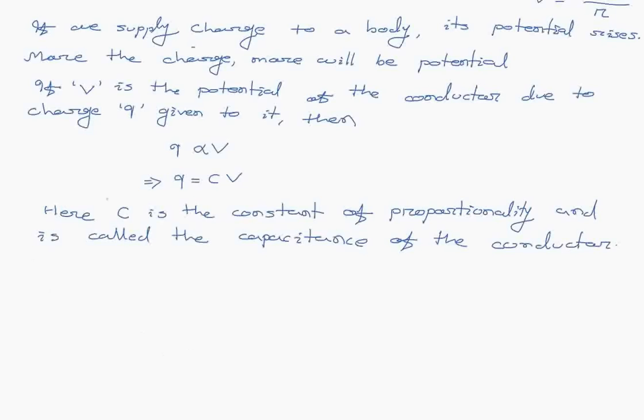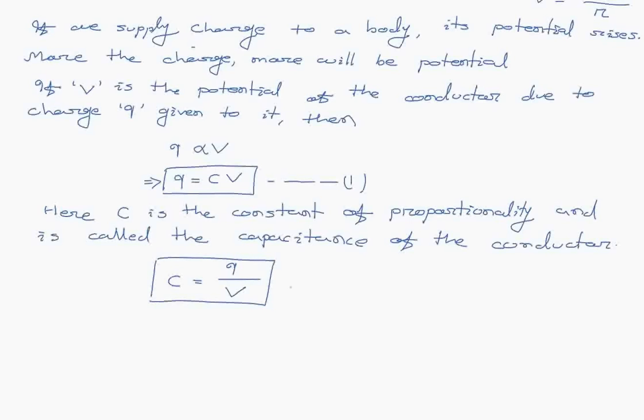So from this expression Q is equal to C into V, write this as equation number 1, we will get the capacitance C is equal to Q divided by V. Let us write it as equation number 2.